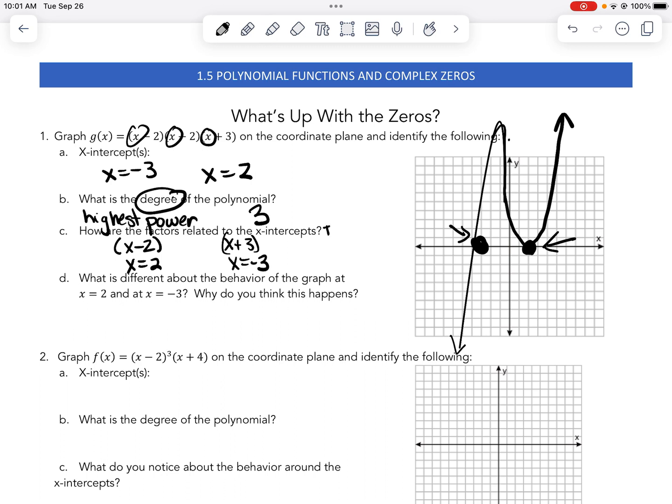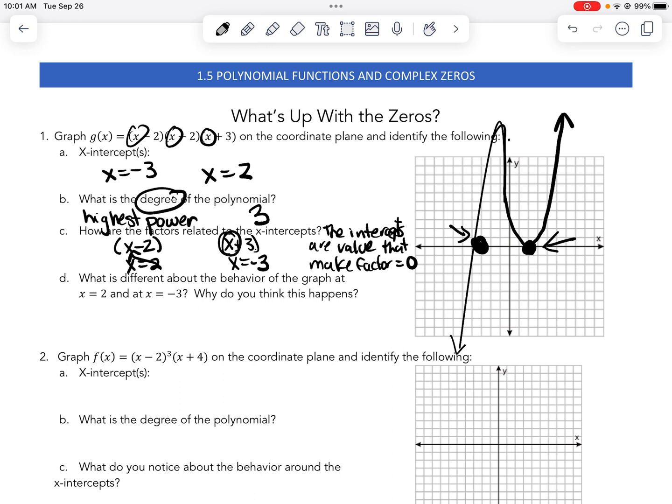So I would say the intercepts are the values that make the factor equal 0. Because if I plug it in here, -3 plus 3 is 0. If I plug this in here, 2 minus 2 is 0.